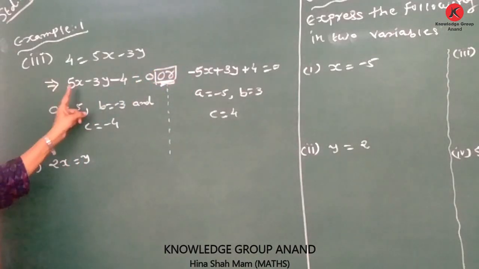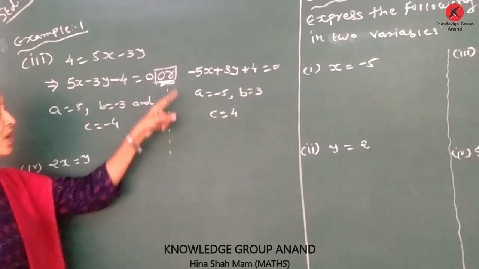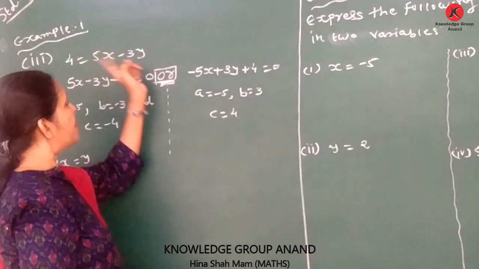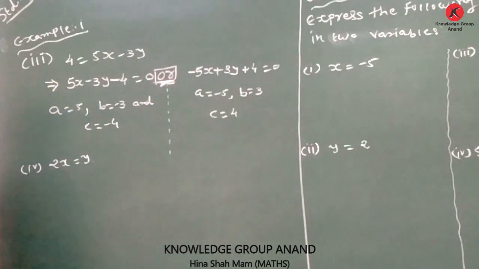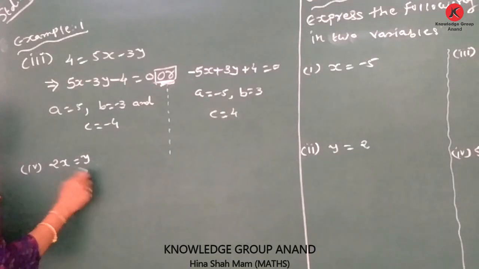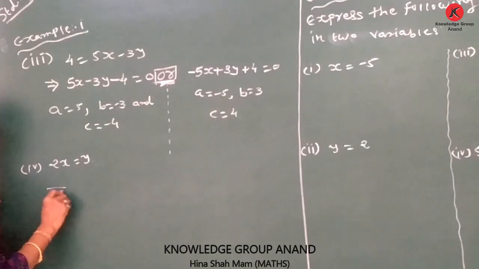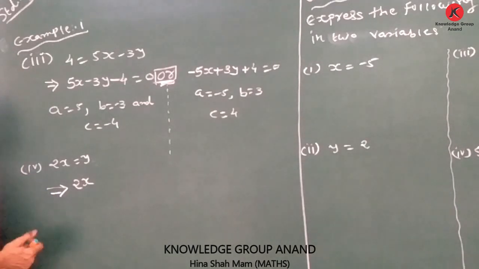It is written as 5x minus 3y minus 4 equals to 0 or minus 5x plus 3y plus 4 is equal to 0. Second number, 2x is equal to y minus 1. First we write ax plus by.